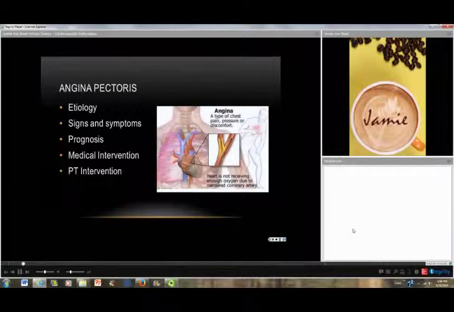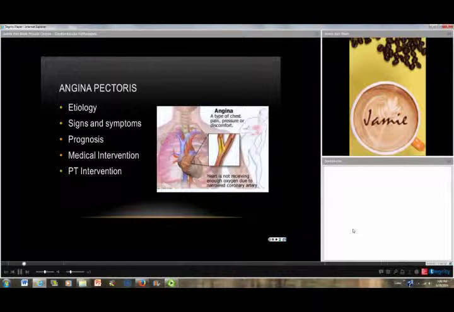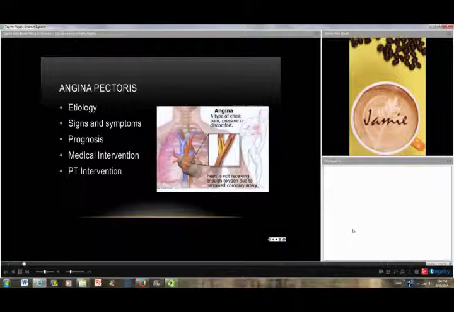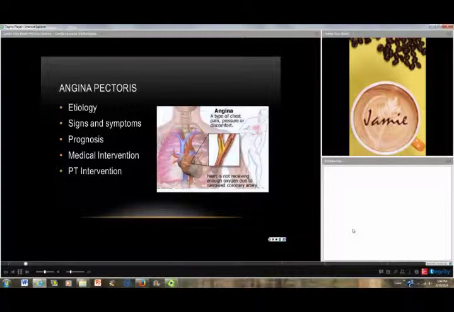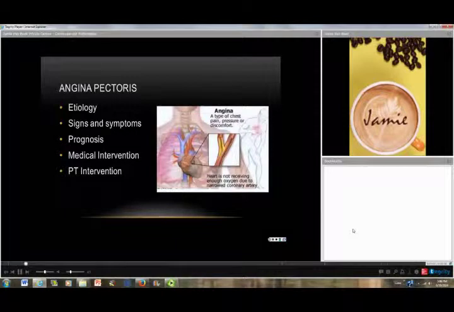We're having them perform exercises for us. Maybe they've been in the hospital for some other diagnosis and you have to get them up for bed mobility or assist them with a transfer. Well, they've been down in bed for a while, so just moving in bed and doing a transfer is exertion and could bring on an angina attack.